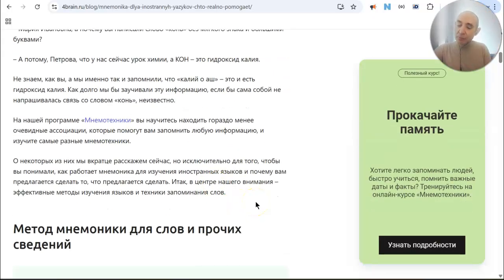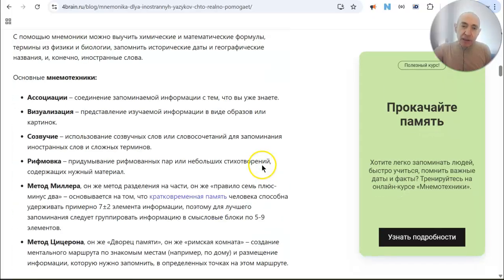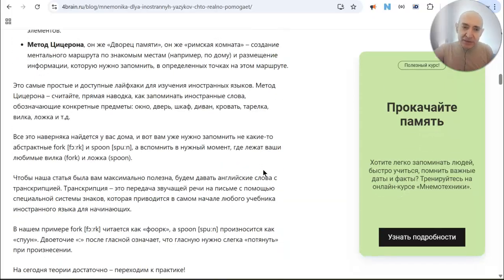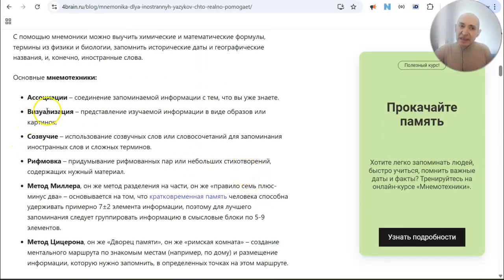So look, I'm going to remind you what we have learned so far. They're talking about mnemonics, which are connections that we make in our mind in order to learn the words or whatever chunks of information. And we said that, first of all, they mentioned the techniques of mnemonics. We learned that in one of the previous lessons.